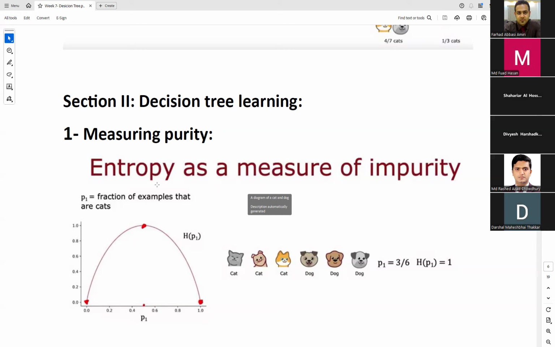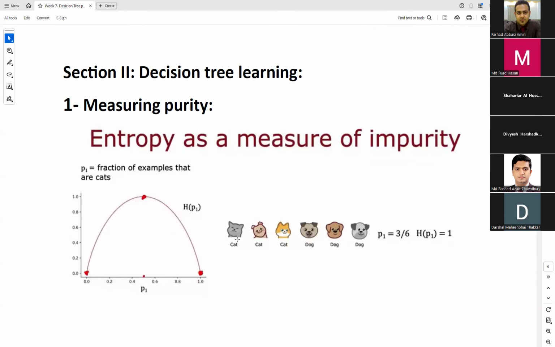How can we measure the purity? Entropy. Entropy as a measure of impurity. So if you have these 6 animals as your data set, 3 of them are cats and 3 of them are dogs. P1 shows the fraction of examples that are cats, so 3 out of 6, 3/6.